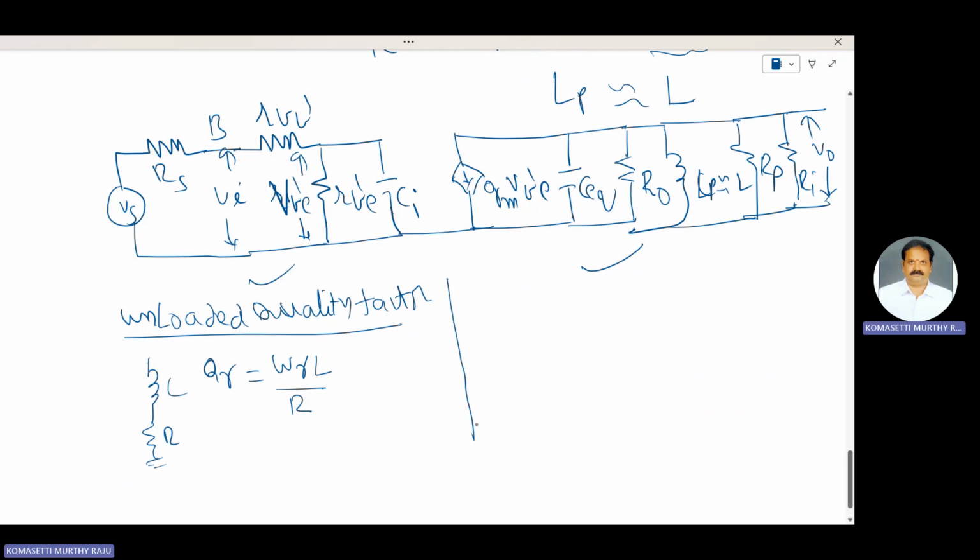Coming to this one, effective quality factor. One more is there, that is called as effective quality factor.